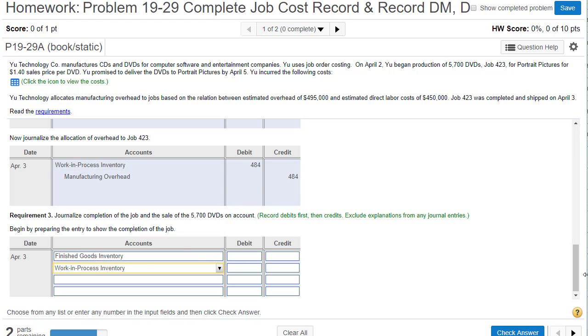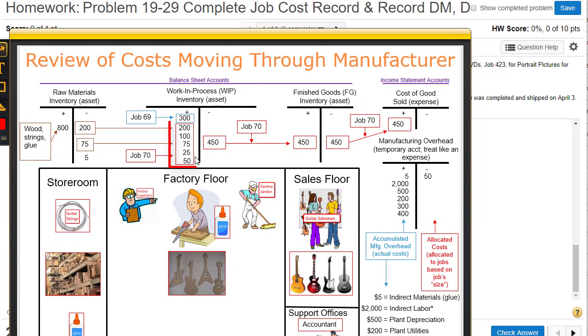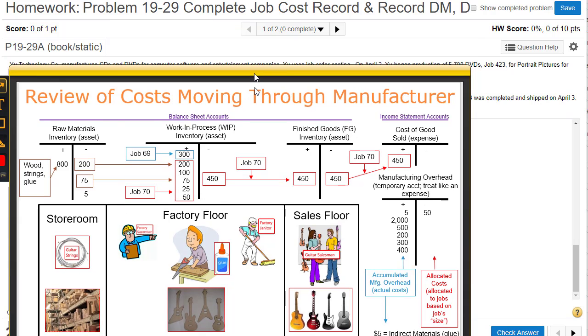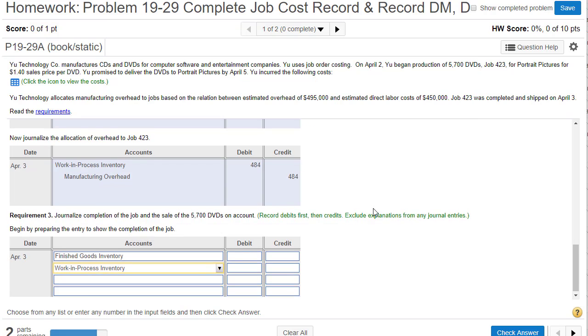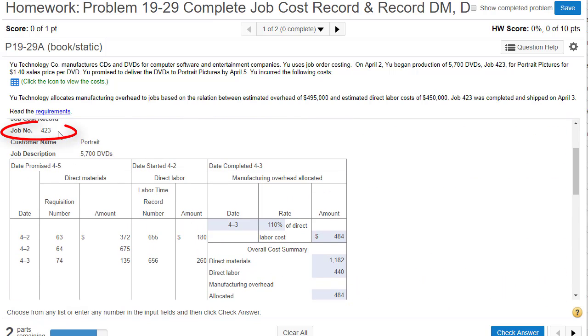Now the question is, well, how much? Going back to our slides, it's the cost of the job. So from our example, job 70 consisted of these costs, which is $450. So when job 70 was completed, we removed the cost of job 70 from work in process. So we have to figure out, well, what is the total cost of job 423? So this is job 423.